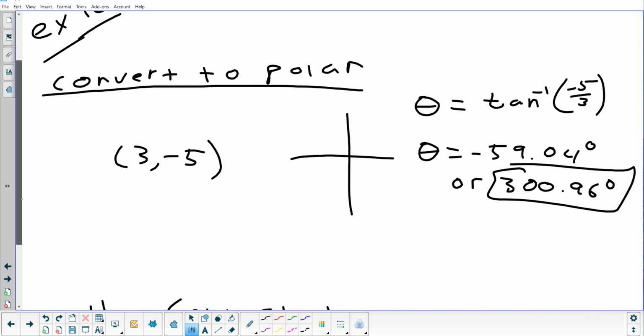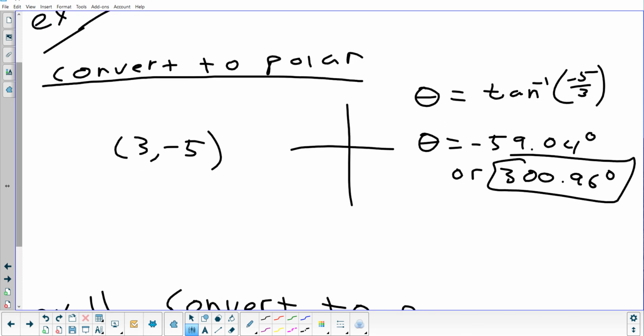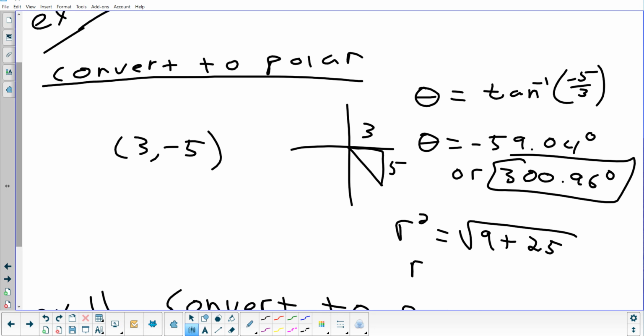How do I get my radius? Square root of 3 squared plus 5 squared. This is 3. This is 5. So radius equals, what's 3 squared? 9. And 5 squared? 25. So 34. So what is my radius? Square root of 34.